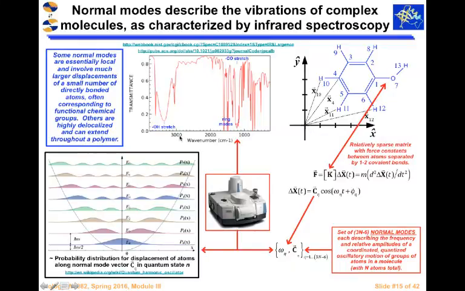3,000 wave numbers would be a wavelength of about 3.333 microns, or 3,333 nanometers. So remember, visible light goes from roughly 350 to 800-some nanometers.